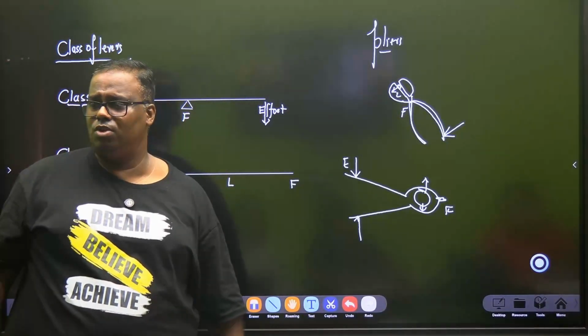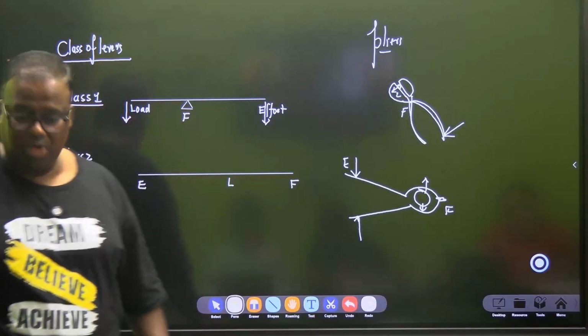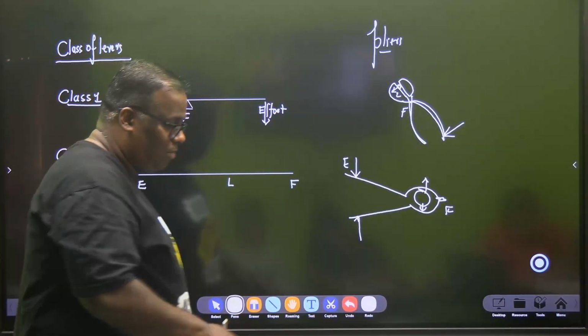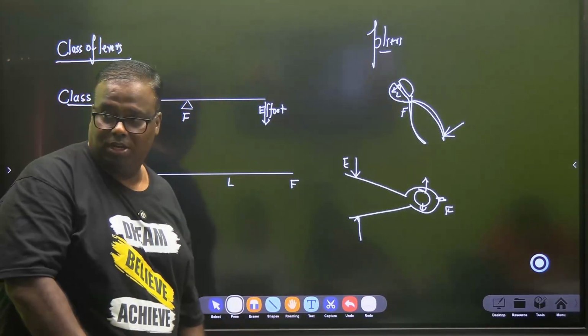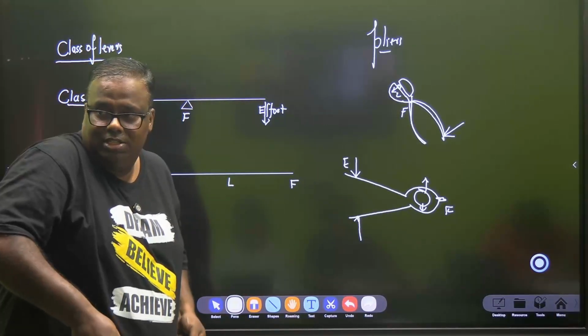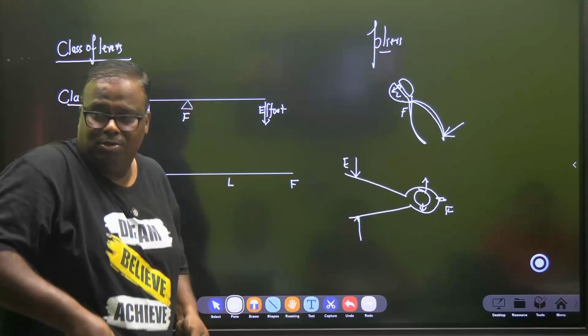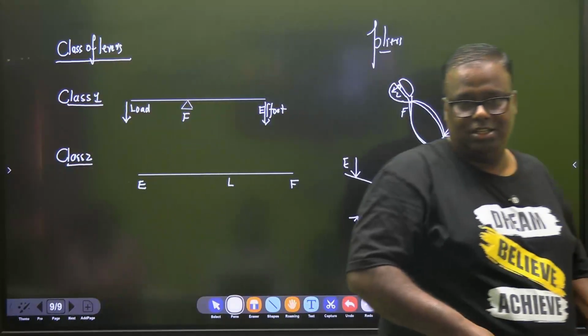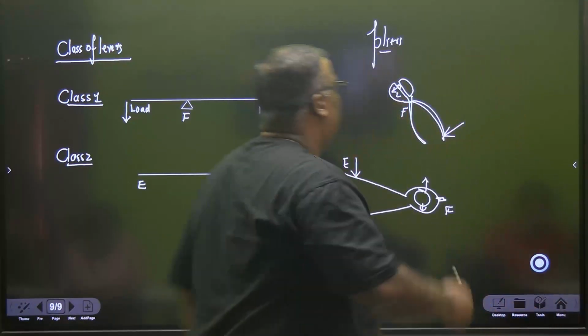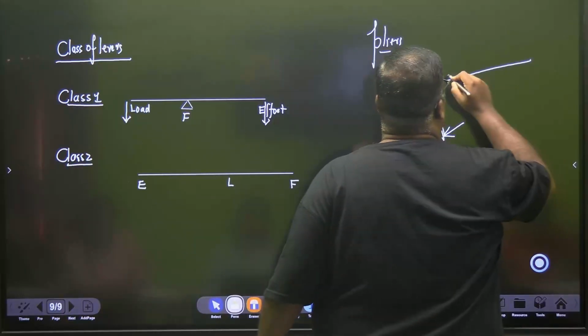Wheelbarrow. Have you seen a wheelbarrow? A wheelbarrow will be something which will be grounded on the floor. That's your fulcrum. And then you lift it. थोड़ा सा उठाते हैं. If you have seen British movies of old days, debris clean करता है ना ऐसे ले जाके. A wheelbarrow will be ऐसे रहेगा.